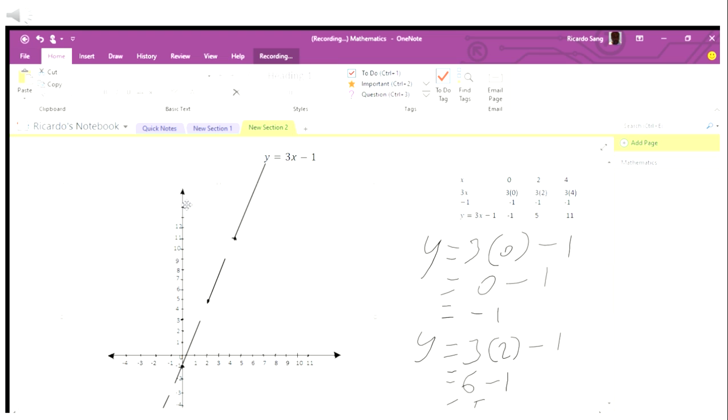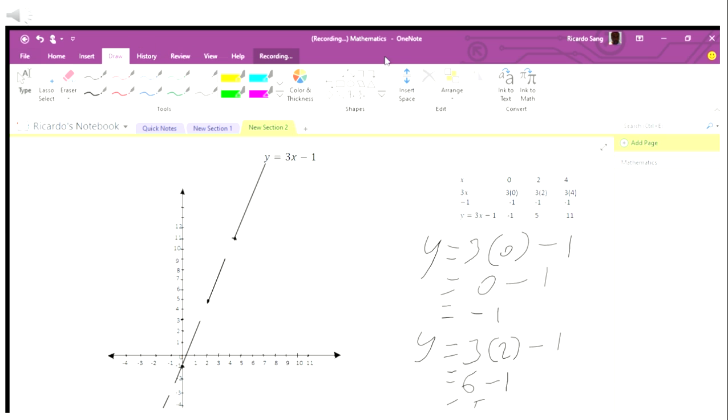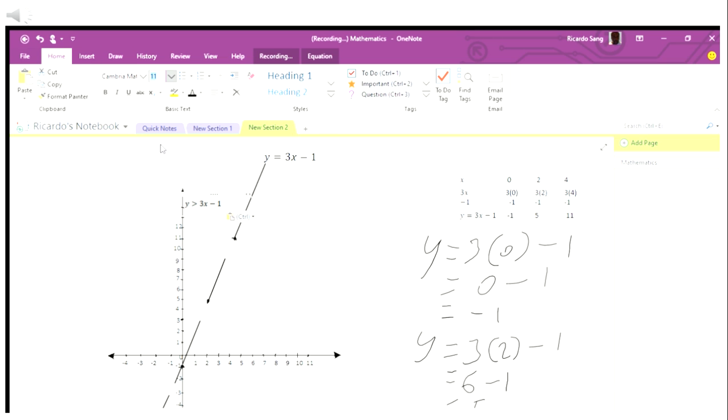Alright, so over here now, it should be y greater than 3x minus 1. Write it. This is the region we are interested in. The region we are interested in.